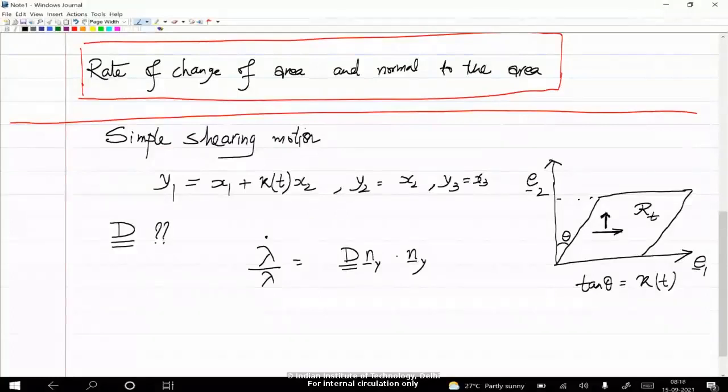So if you want to see its evolution with time, then notice that here the y2 coordinate, that is not changing, because you see y2 is equal to x2. So y2 coordinate does not change. So if this is the line element, it has to remain within this patch or strip.